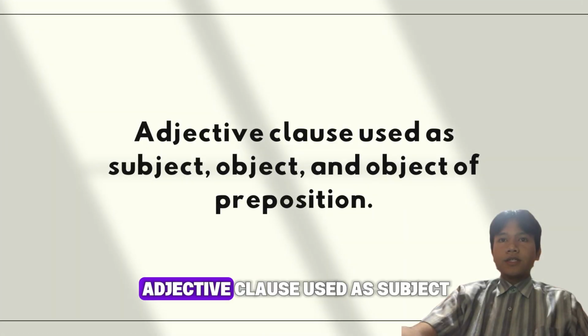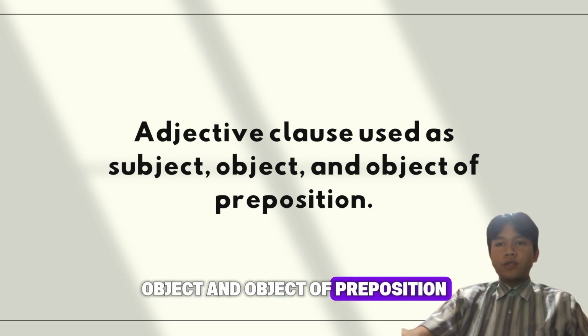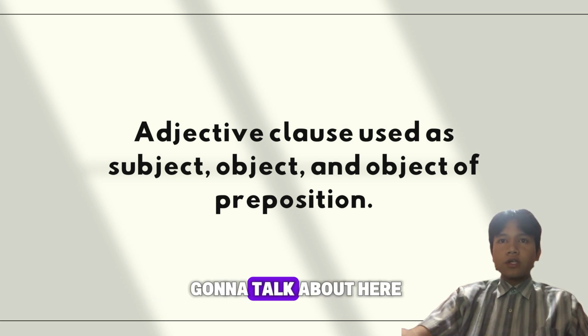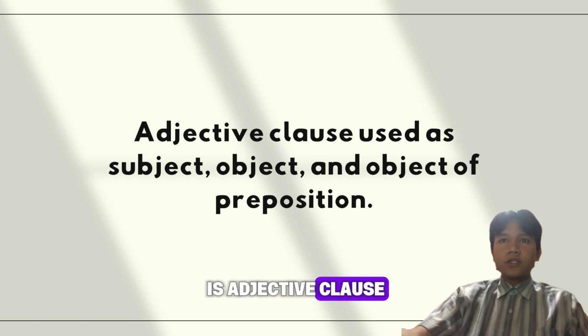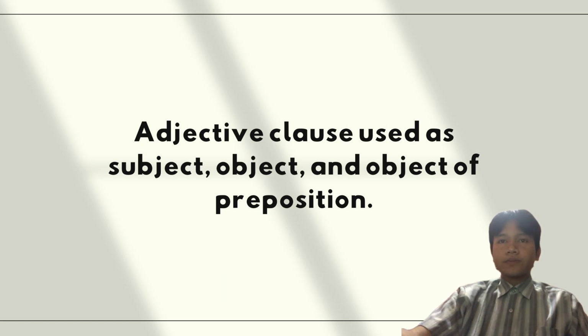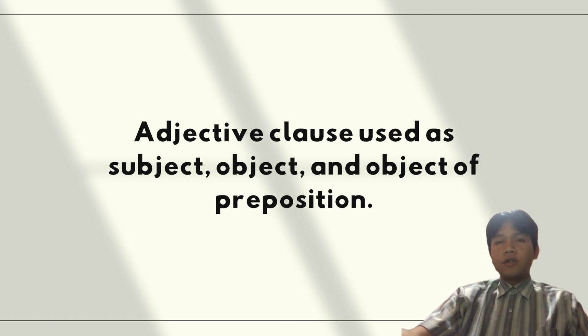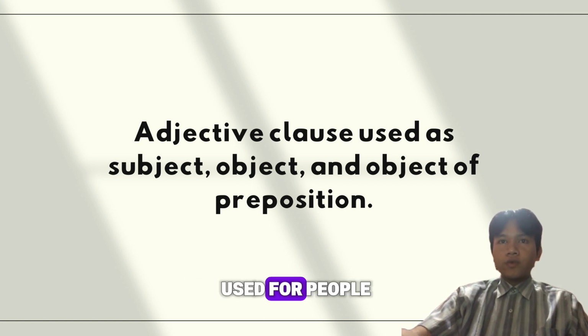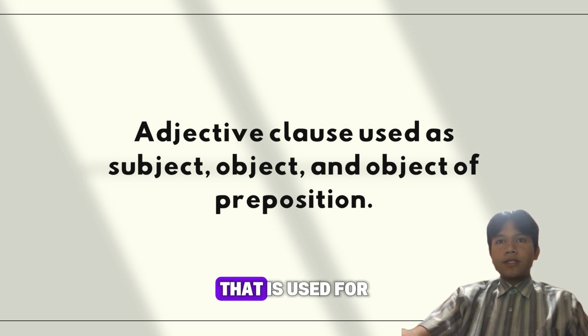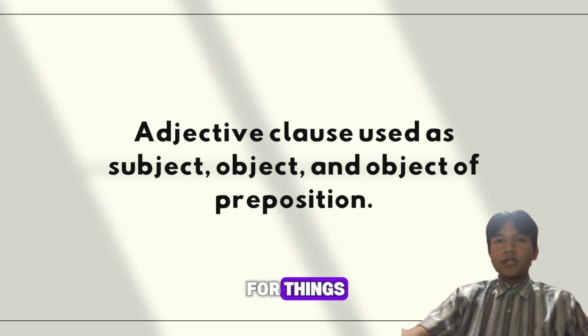The next one is adjective clause used as subject, object, and object of preposition. The first one we're going to talk about here is adjective clause used as subject. The relative pronoun here that we use, such as who, is used for people, which can be used for things, and that is used for both people and things.